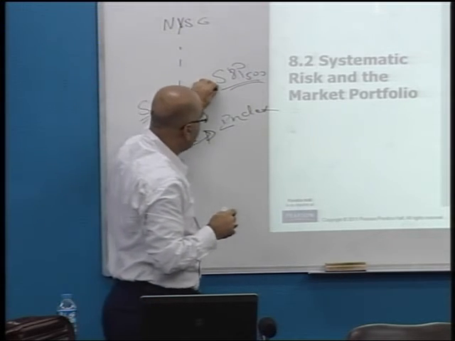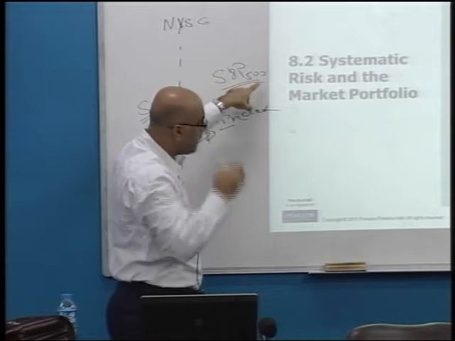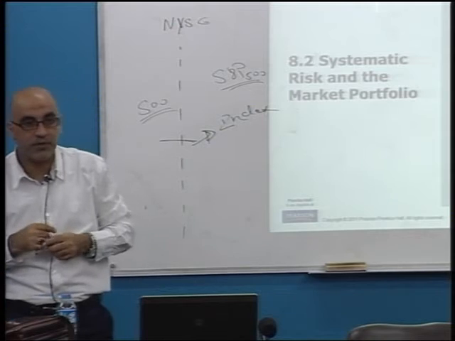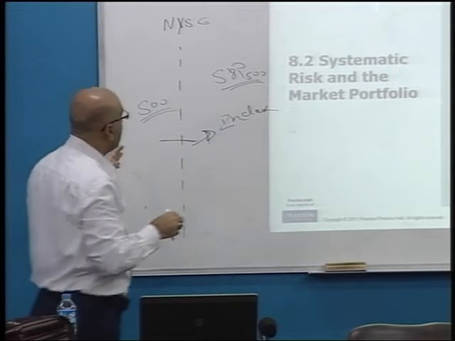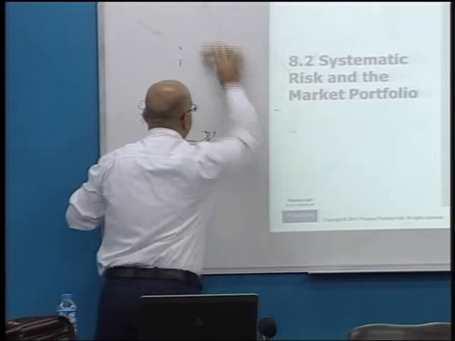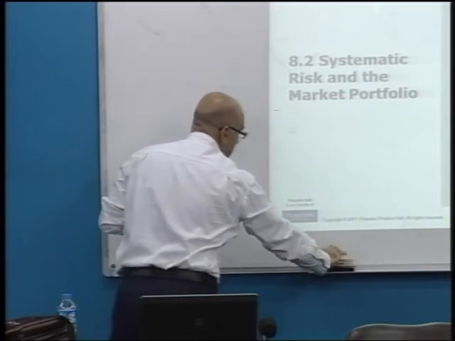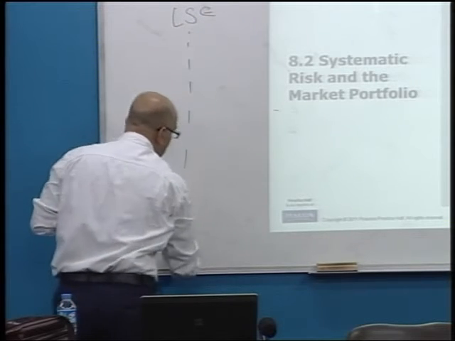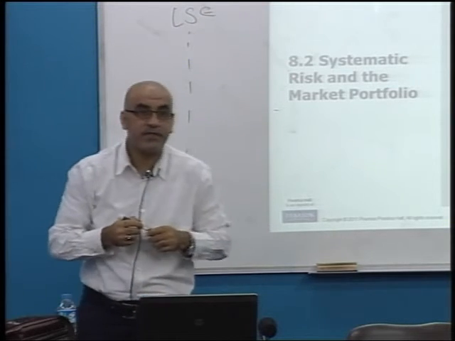S&P 500 is an index, includes the first 500 companies in the United States, in the New York Stock Exchange. In the same vein, if we talk about the London Stock Exchange, it also includes thousands of companies.